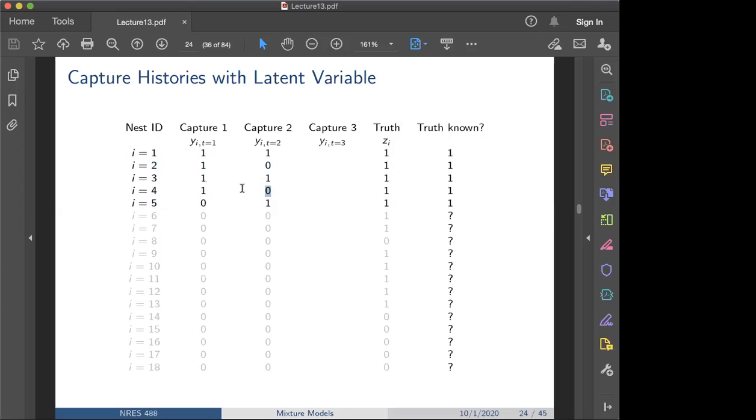We know that there was 1 nest that was observed the first time and it wasn't observed the second time. So we know we're not seeing all the nests. And we're going to be able in the end to combine these columns to estimate our detection probability P. Same here, we didn't find this first nest in the first go around, and we did find it the second go around.